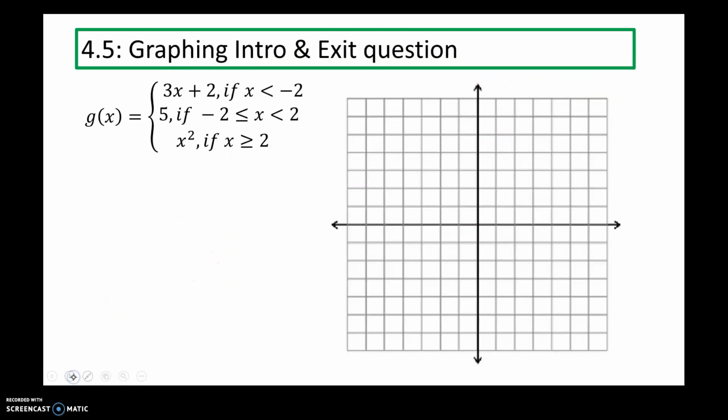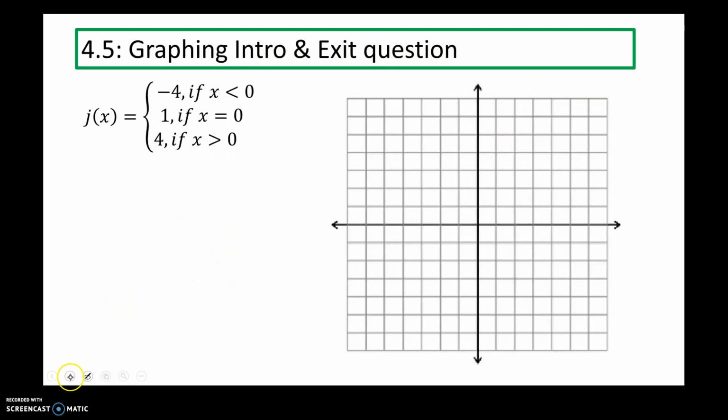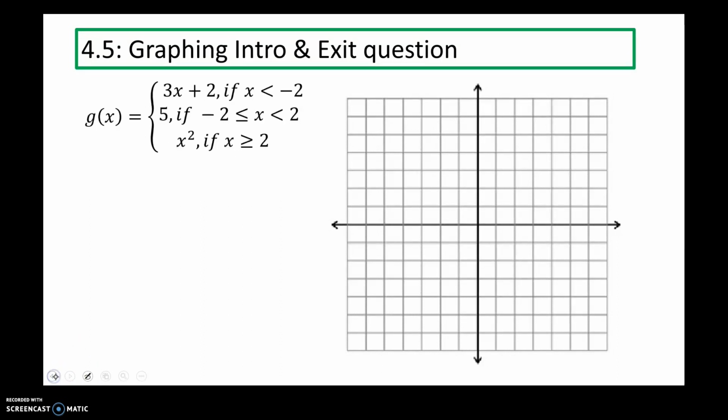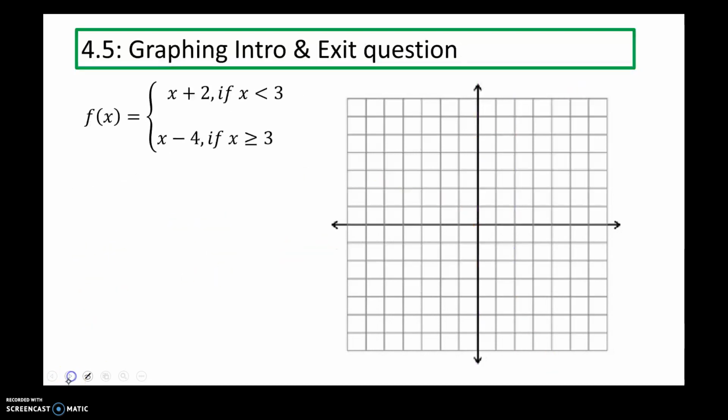Okay, last example. So the next 4 that I put in here are ones you did as either intro or exit tickets in class. So there's 4 different functions that you can attempt to do on your own for practice.